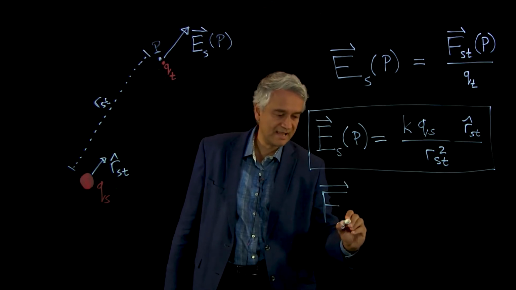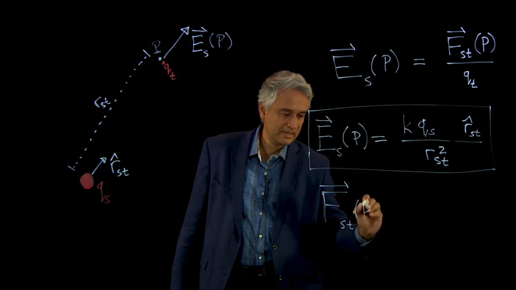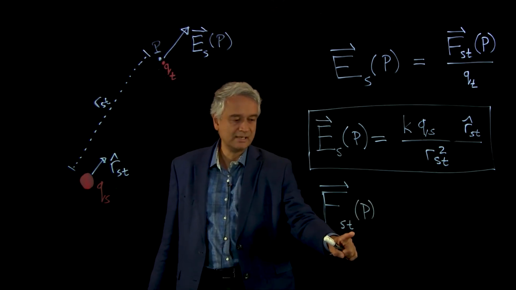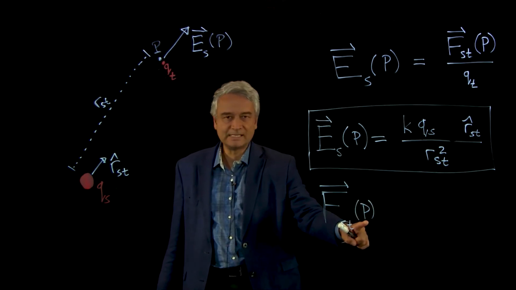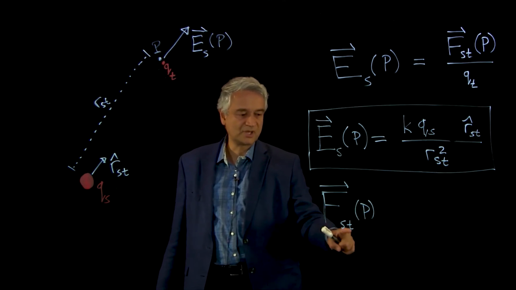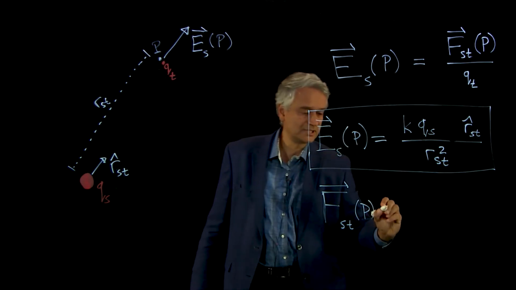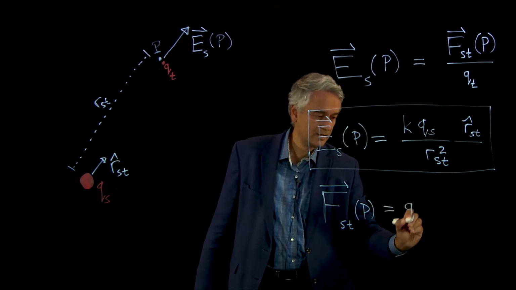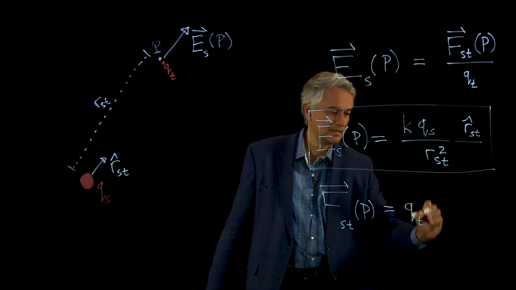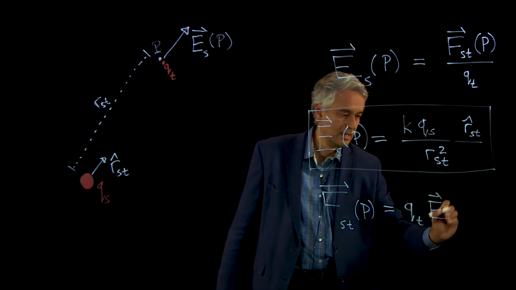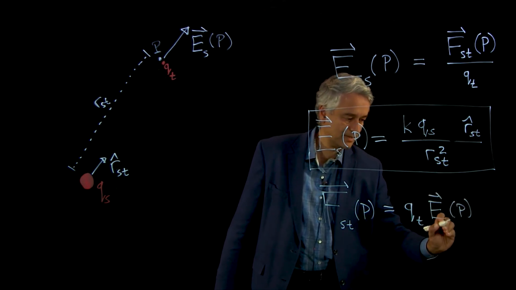It would feel a force Fst P. So I'm sticking a test charge qt down at the point P, and I ask, what is the force on that charge? Well, by very simply rearranging this equation, that is given by qt times the electric field at the point P caused by the source.